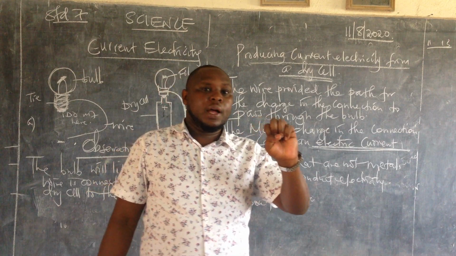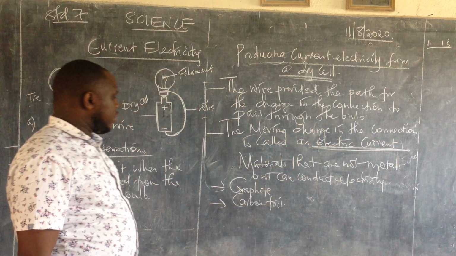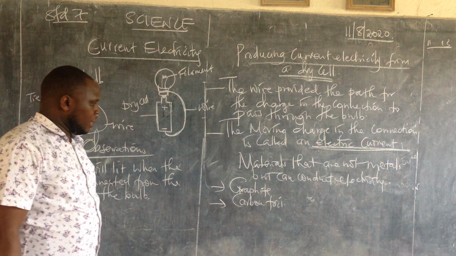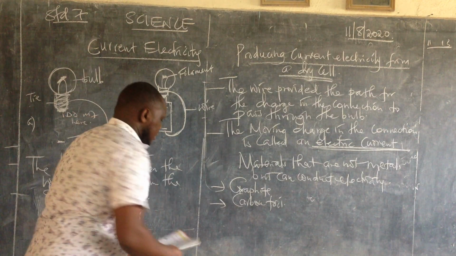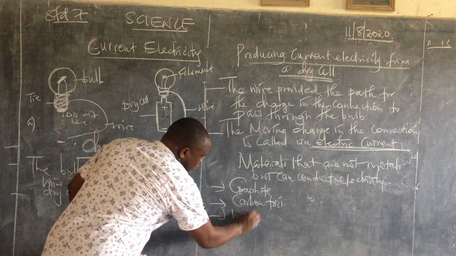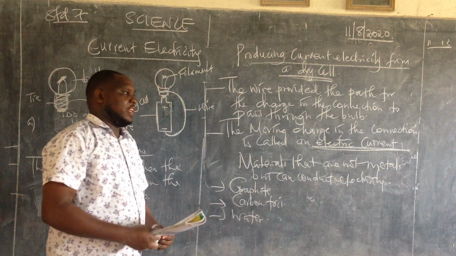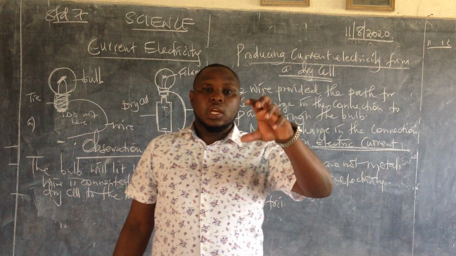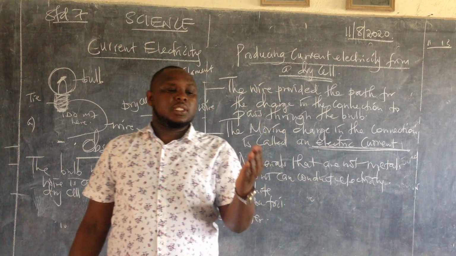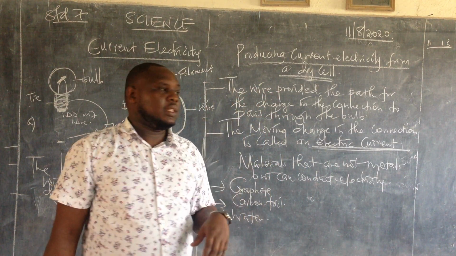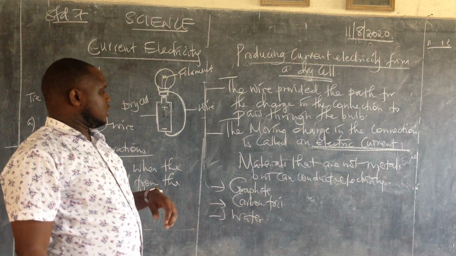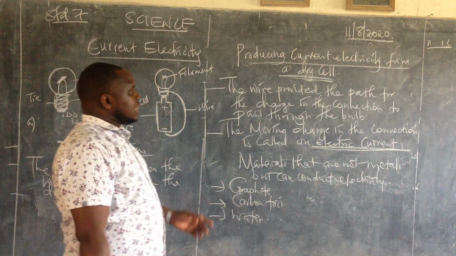That type of paper is a good conductor of electricity. Of course, we have water. Water is a good conductor of electricity. That's why if you touch a naked wire with wet hands, you are likely to contact the charges.